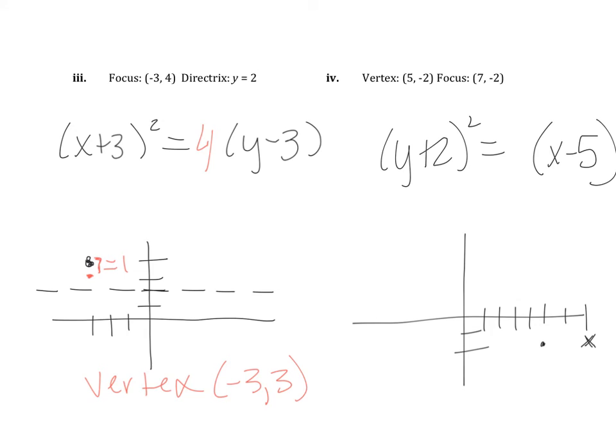We just substitute in the vertex, and for the 4p, we determine that p is 2 units here, because the focus is 2 units away from the vertex, so 4p must be 8. And that's it.